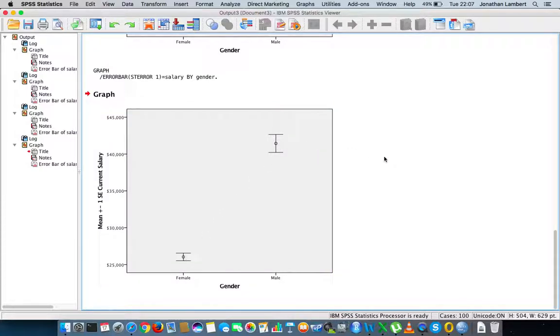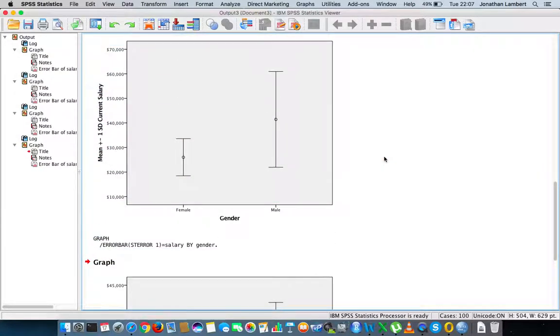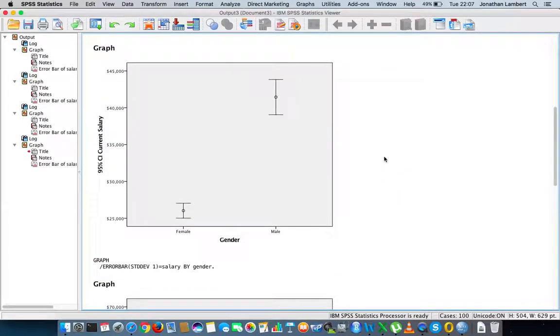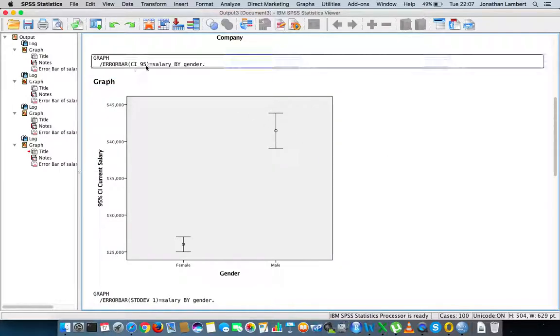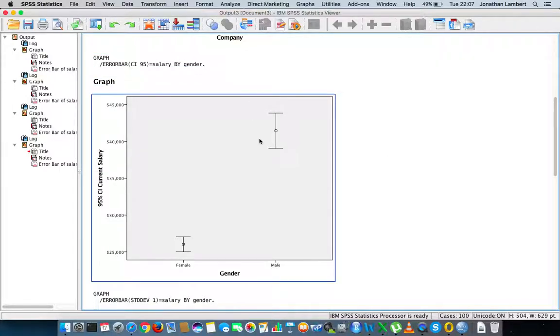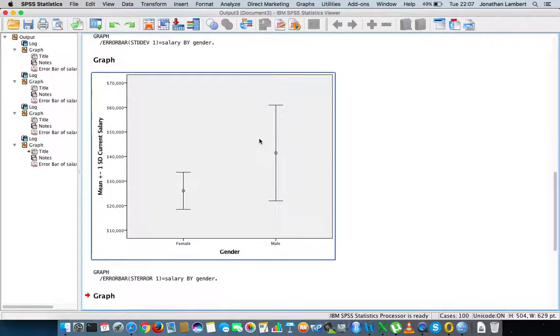So, guys, that was three examples of how to do error bars through IBM SPSS Statistics. Once again, what we looked at was a typical 95% confidence interval error bars. We looked at one standard deviation above and below the mean. We could go for two or three standard deviations, depending on what you want.